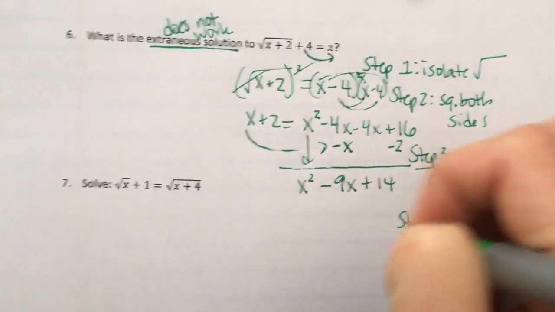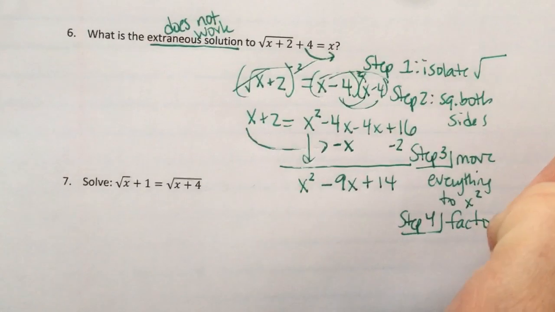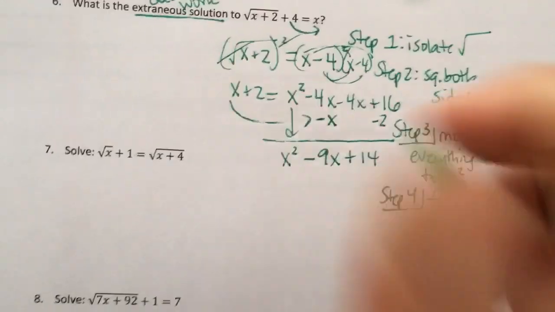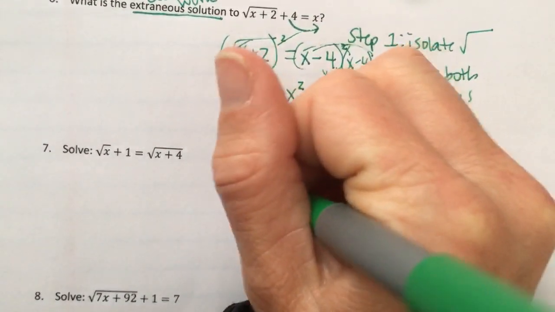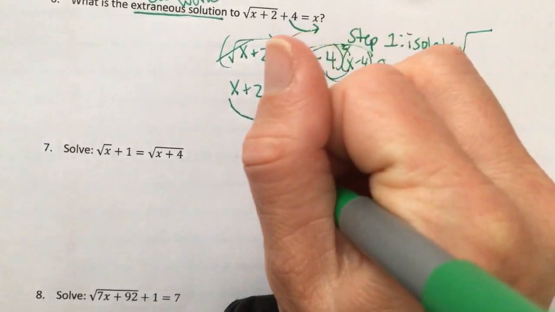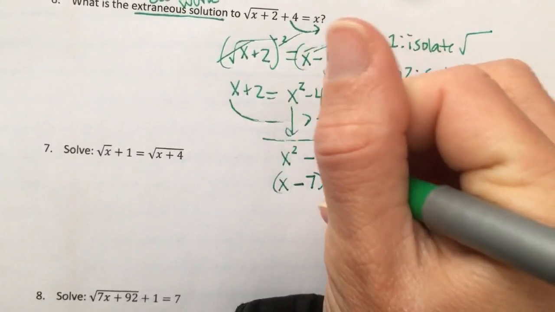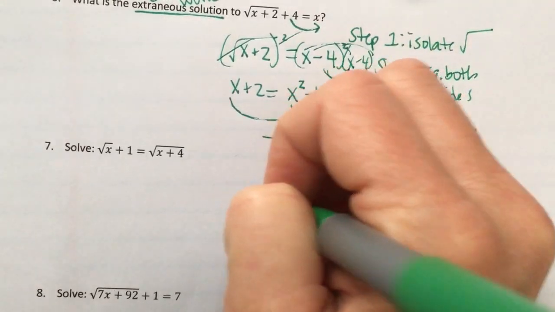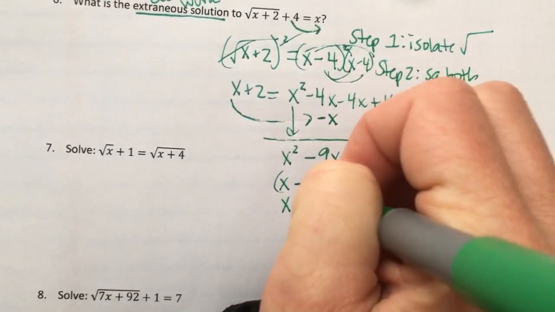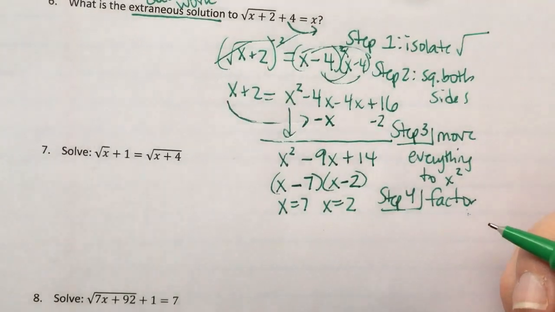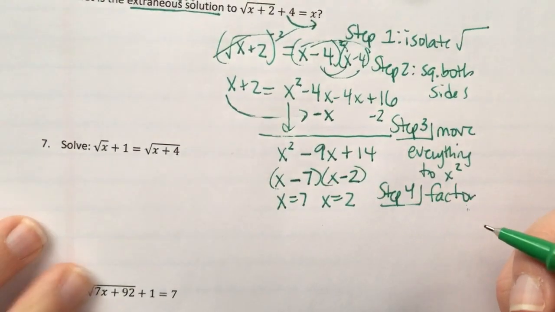All right, step 4, I'm going to factor, or you could do the quadratic formula. So this factors x and x. Things that multiply to give me 14 are 7 and 2, and then both need to be negative to give me negative 9. All right, set it equal to 0. So you get x equals 7, x equals 2, and then we're going to check our answers.